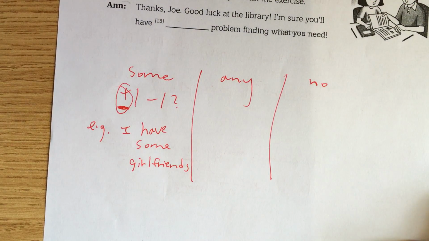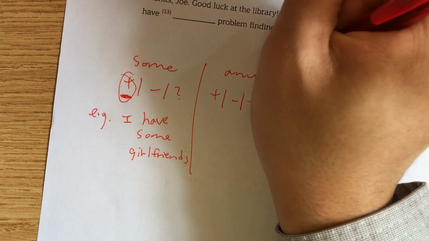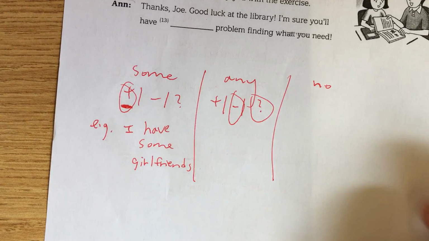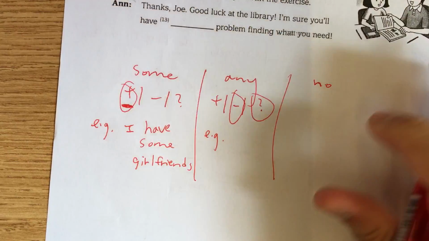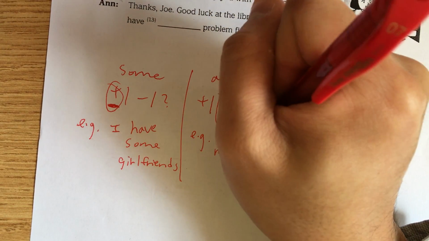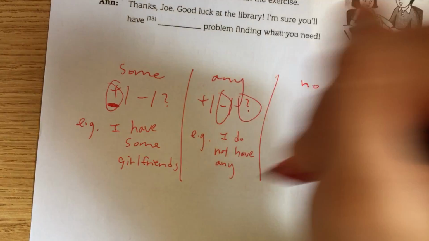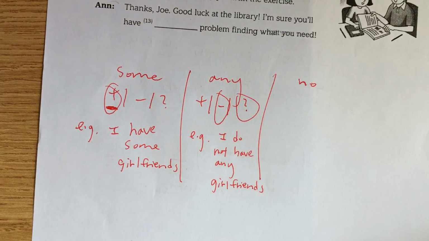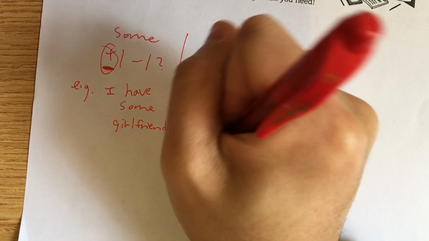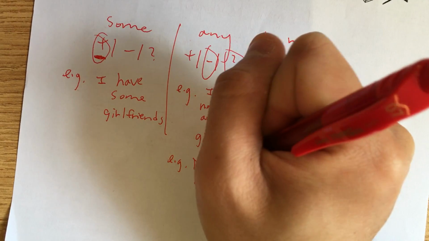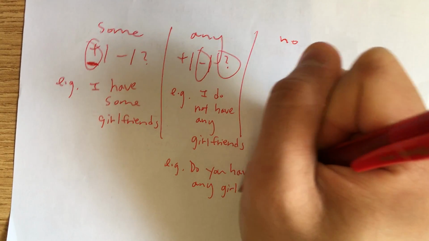Okay? So when we use any, we are trying to talk about negative and question. So let's do 2 examples here. First of all, I do not have any girlfriends. Or you may ask, do you have any girlfriends?